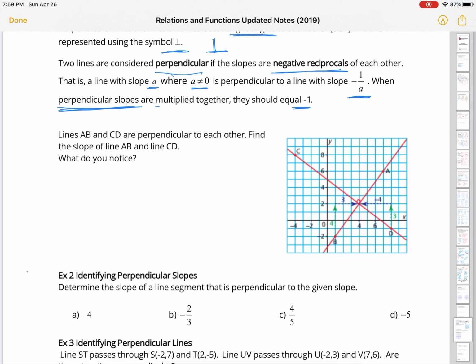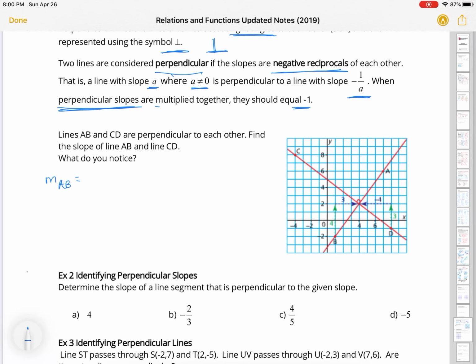Lines AB and CD are perpendicular to each other. Find the slope of line AB and line CD. What do you notice? So let's find the two slopes. We can use 2 points on either line, or we can just do rise over run.